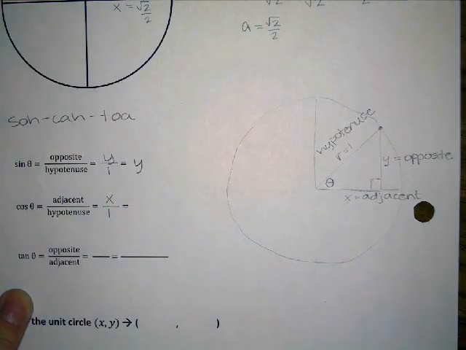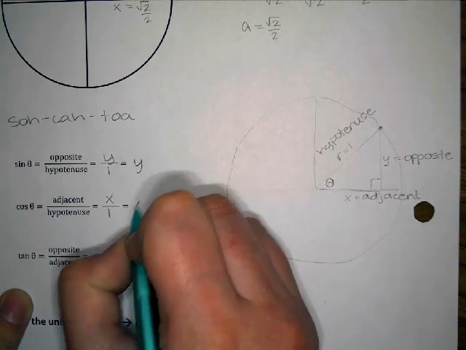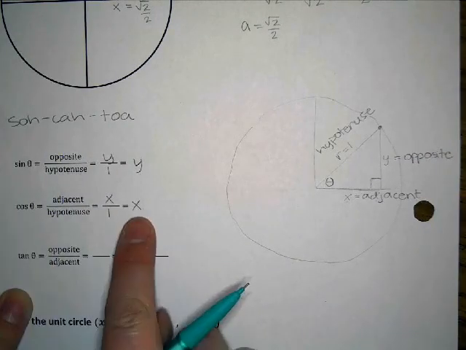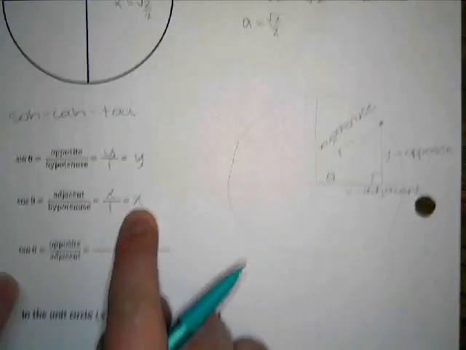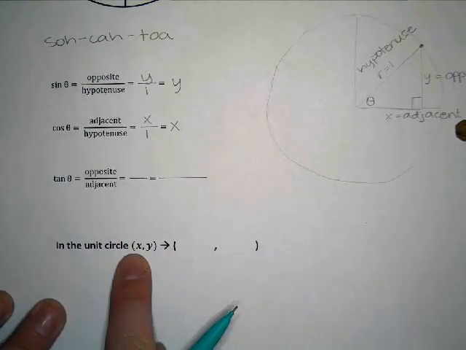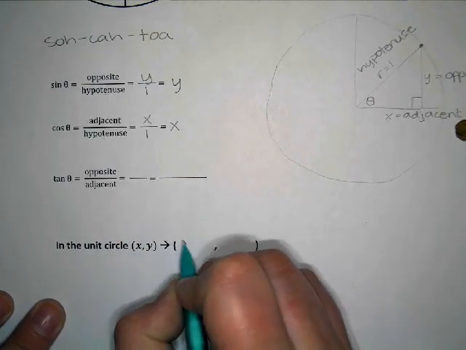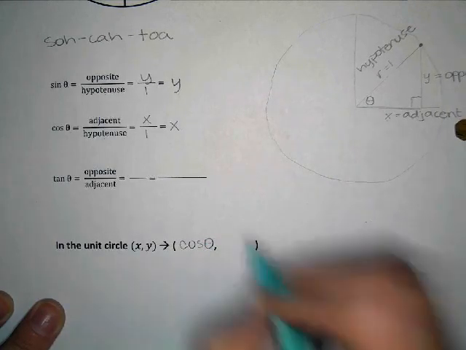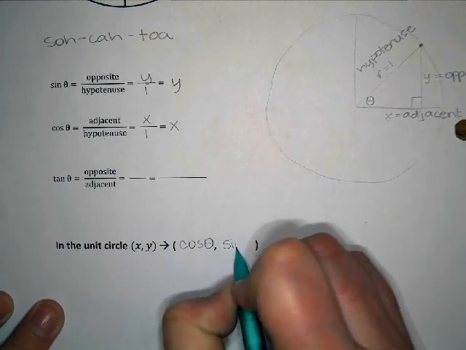So in the unit circle, the x-coordinate is cos of the angle. The y-coordinate is sine of the angle. And that is a huge idea in trigonometry. And it's something we're going to work with tomorrow. Okay, that's going to be the big idea of tomorrow.